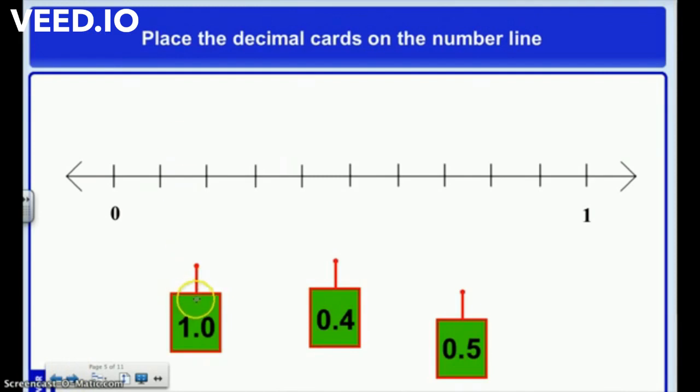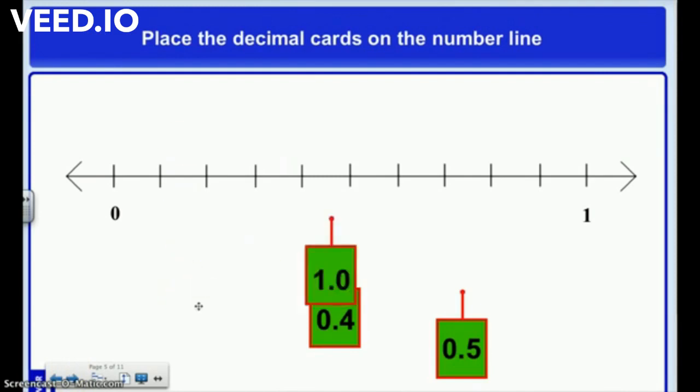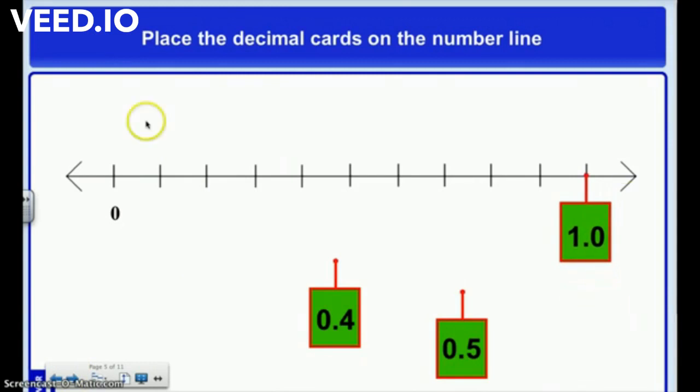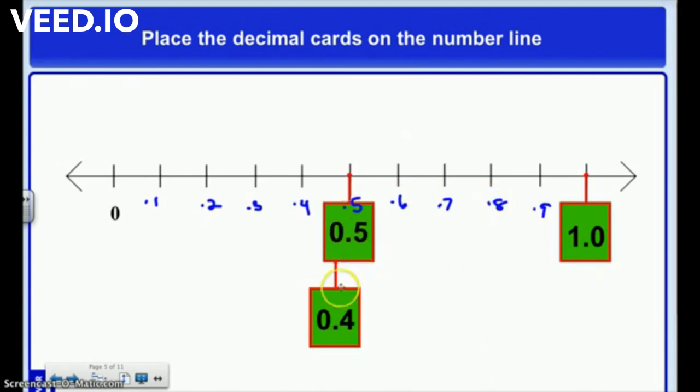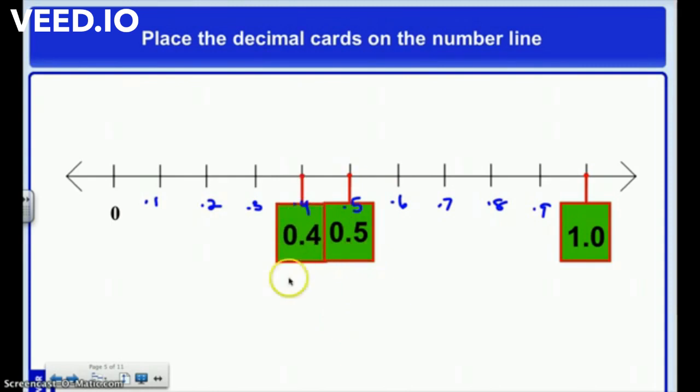Okay, now I've got this. This is one whole. So I'm going to put this right over here. I'm going to label my number line again. And then I'm going to place my numbers where they belong on the number line. 4/10 and 5/10 on my number line.